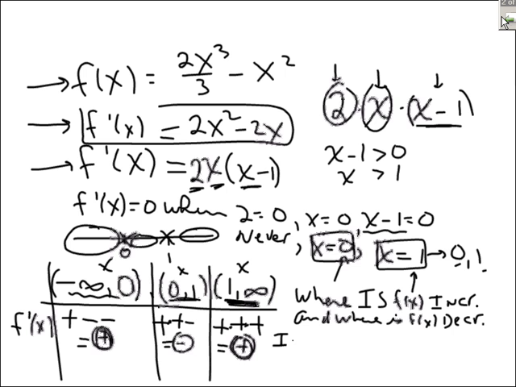So when it comes to increasing, the answer is from negative infinity to 0, union 1 to infinity. It's decreasing elsewhere. It's decreasing where the first derivative is negative. Well, that interval is 0 to 1. And there's that answer. Where is it increasing? Where is it decreasing?